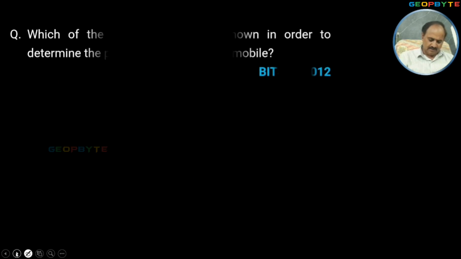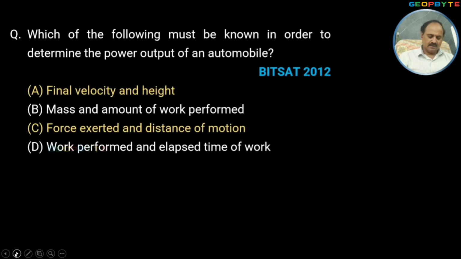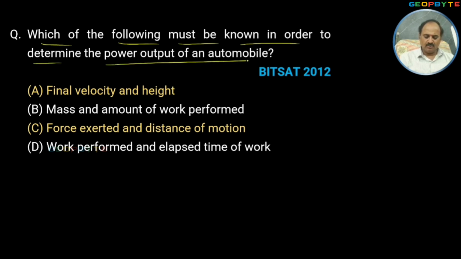Similarly, look at another important question. Which of the following must be known in order to determine the power output of the automobile? As you know, power output of the automobile equals work done per time. So both work and time are required for deciding the power. Look at the options. Final velocity and height?